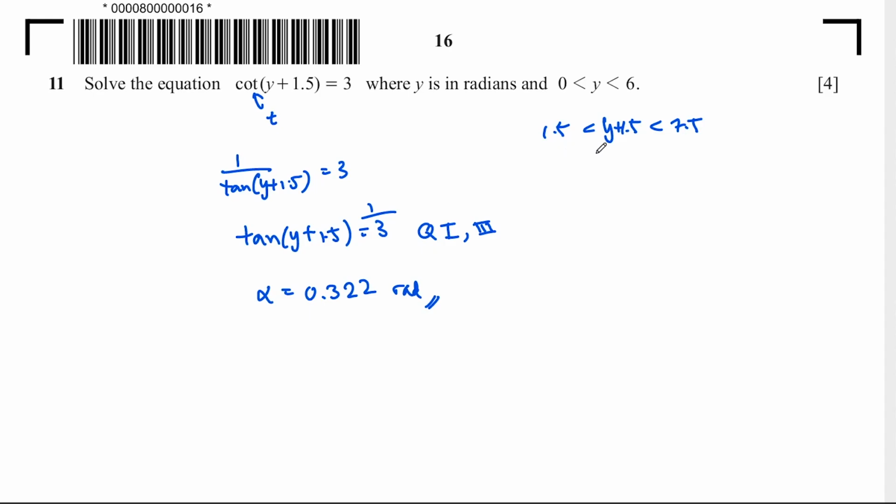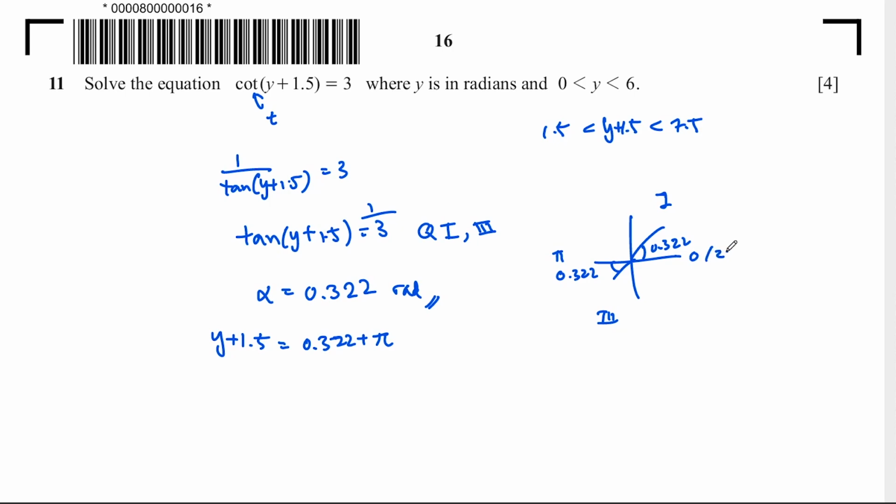Now we need to figure out the other possible values for y plus 1.5. We know it exists in the first and third quadrant, so that's what we focus on. So it's 0.322 and 0.322 here. Probably first we add pi, because this is 0 pi, then 2 pi.